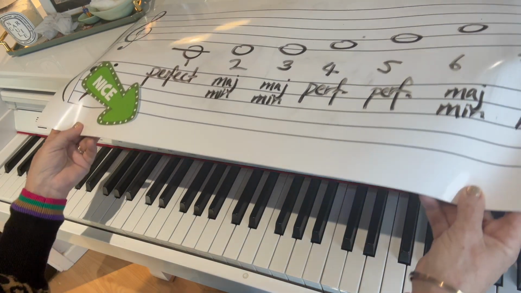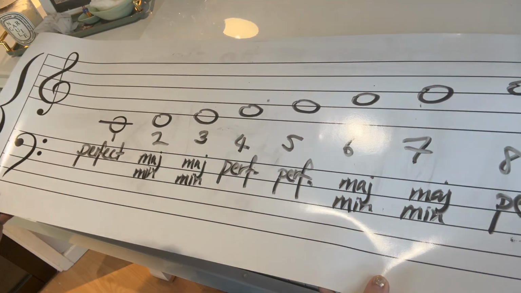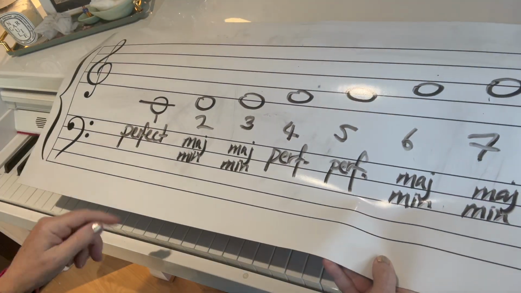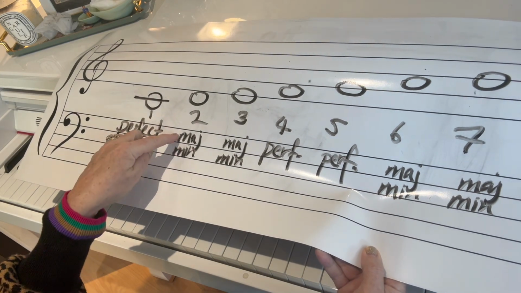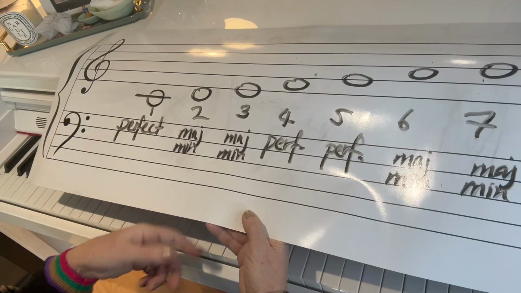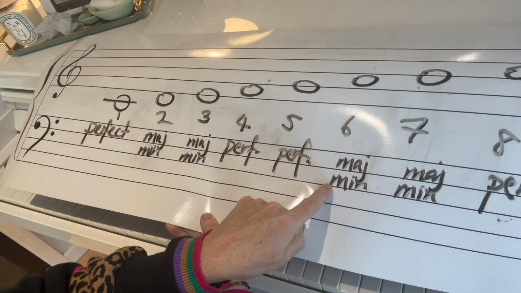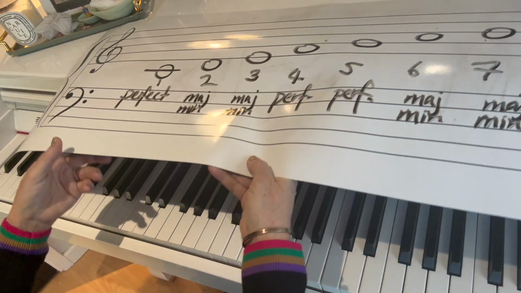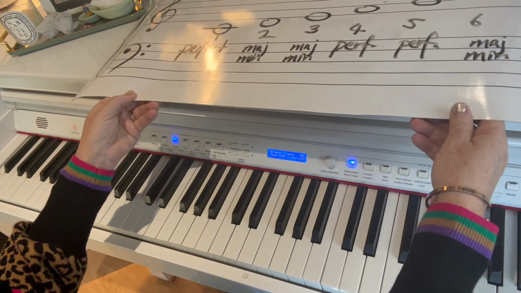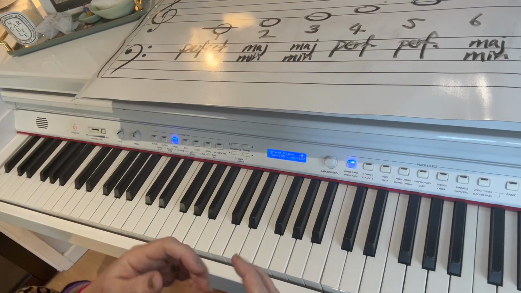So we'll take a screenshot of this map if that helps you. Perfect, obviously first or octave. And you can have a major or minor second, major or minor third, major or minor sixth, major or minor seventh. Okay, so how do I know if it's perfect or if it's major or if it's minor?